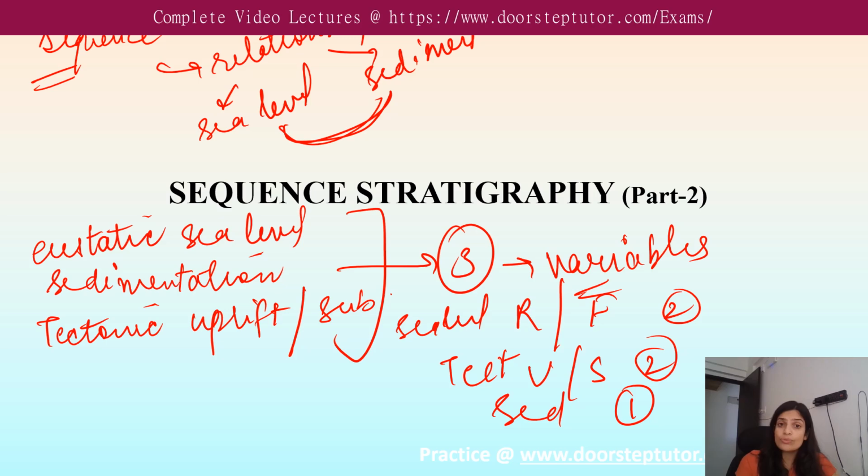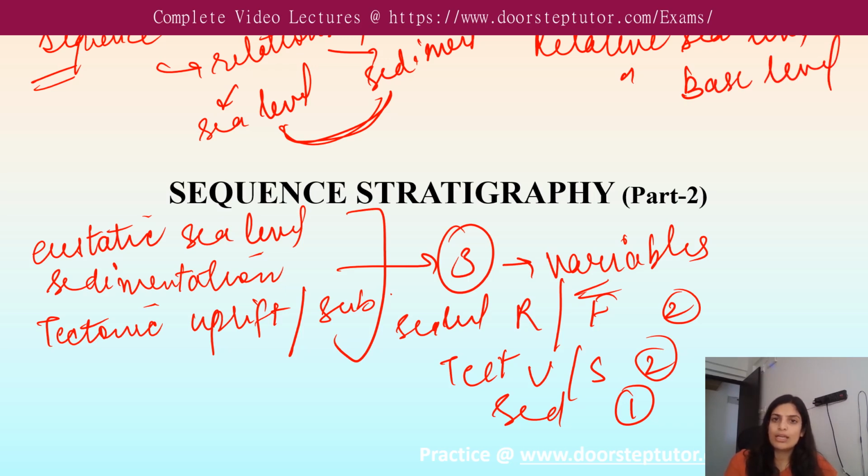So you need some kind of sample from where you can demonstrate what kind of activity has taken place. So if it is telling you that two of these activities might have taken place, that's kind of confusing, right? So in that case, relative sea level or relative base change, you can say base level, is the terminology which we use.